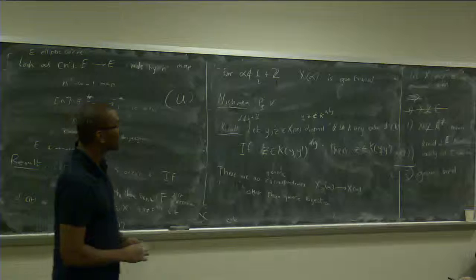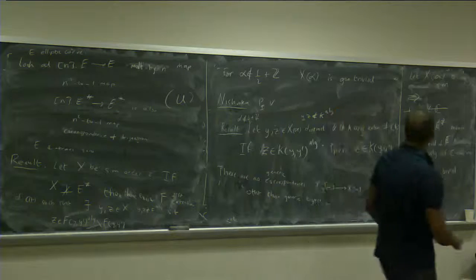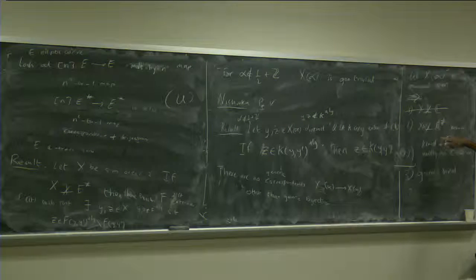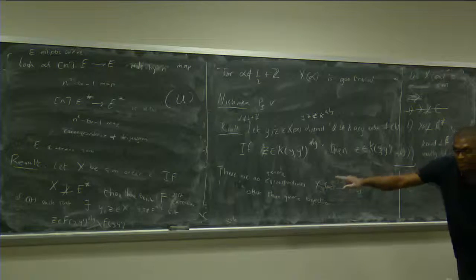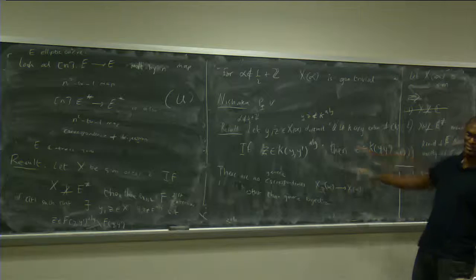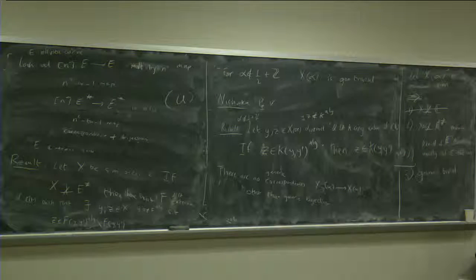So you have a contradiction. If X were non-orthogonal to the Manin kernel, then this should hold, which contradicts this one. If it's non-orthogonal to E sharp, then there would exist F and Y and Z in X such that Y and Z are algebraic. You just say that it's not rational, right? Yeah.